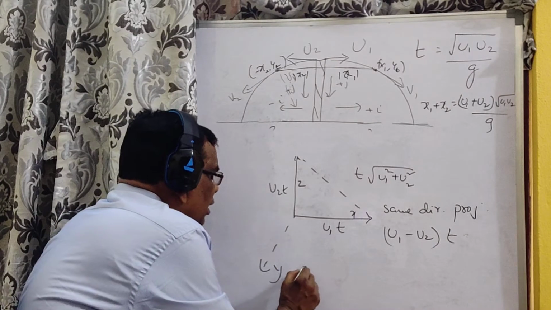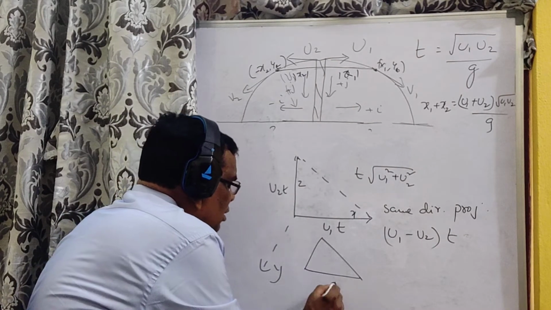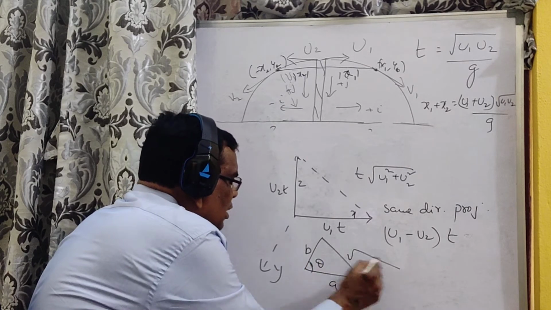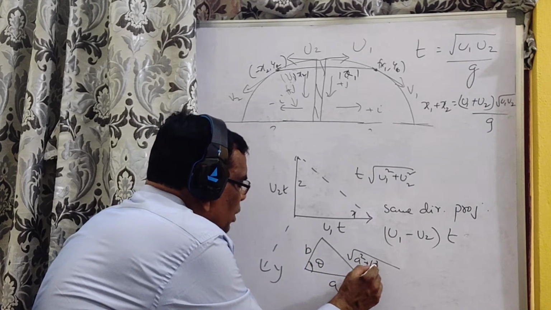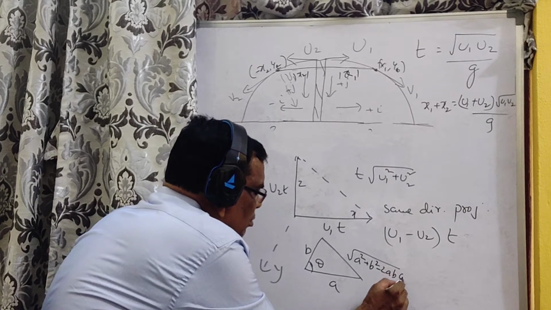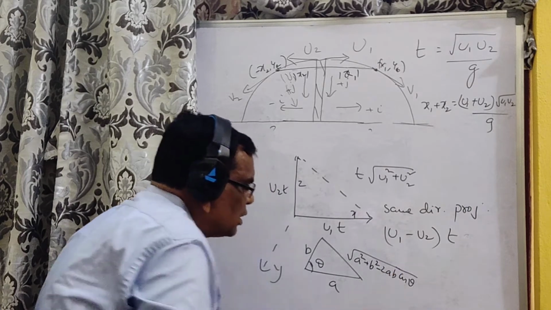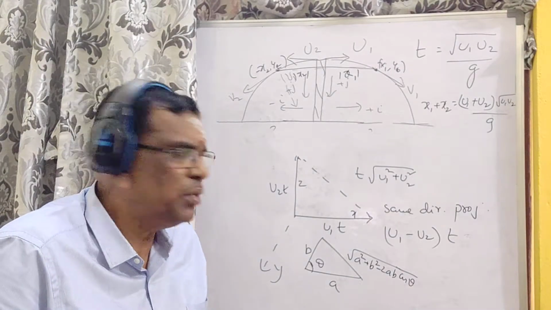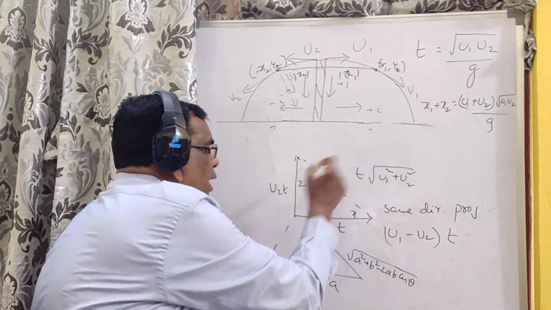If I have a triangle, likewise, say this is A, this is B, this is theta, the third side is under root of A square plus B square minus 2AB cos theta. That is what you have to memorize every time. So here, how do I write?